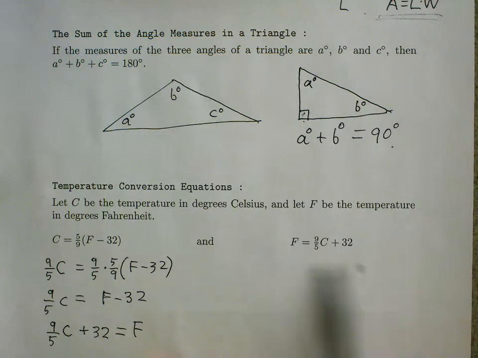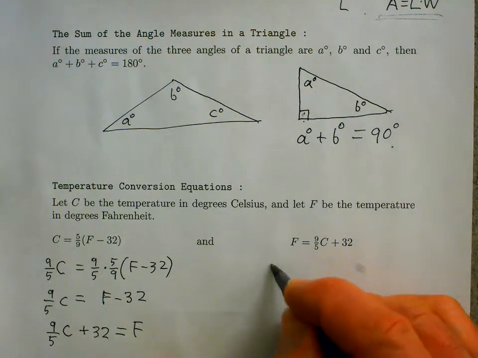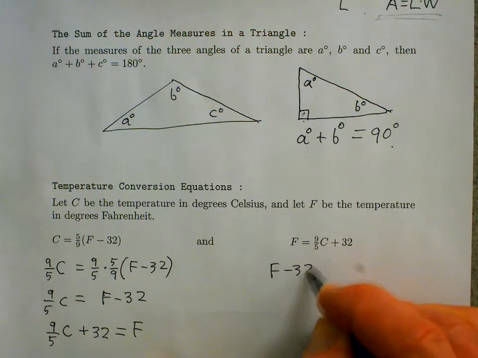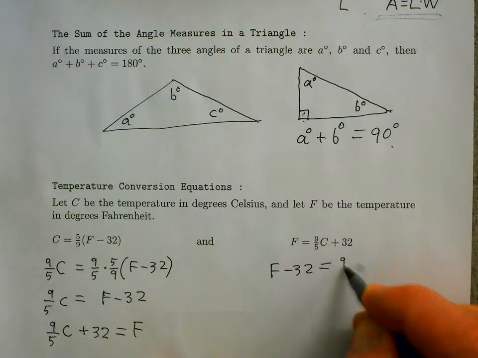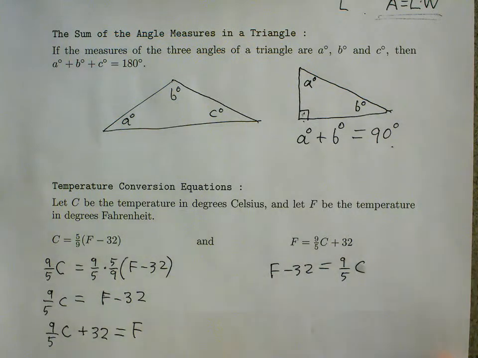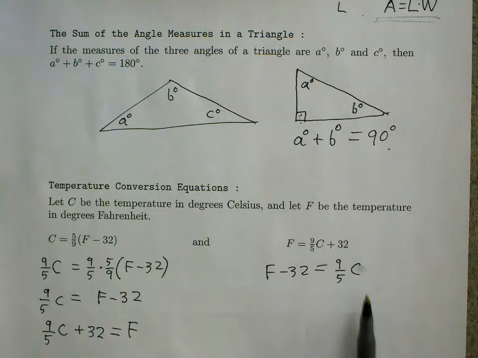When we subtract 32 from both sides, we get F minus 32 equals 9/5 times C. We want to solve for C, so what's the next step? Yeah, we can multiply both sides by the reciprocal of 9/5. The reciprocal of 9/5 is 5/9.